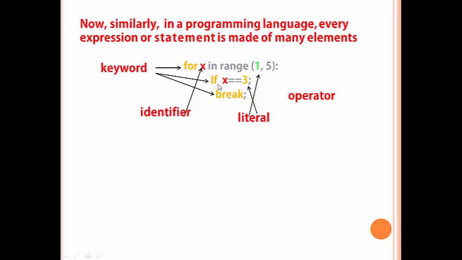This equal to sign, this is an operator. Then next comes your punctuator. You can see there are some punctuators also. Here is a colon, here is a semicolon, and this all.